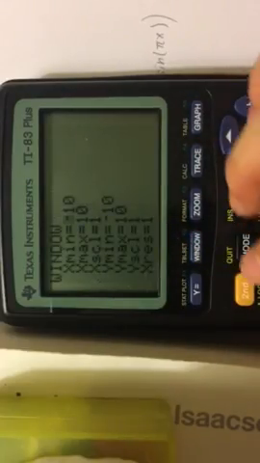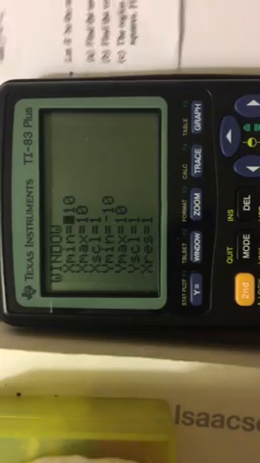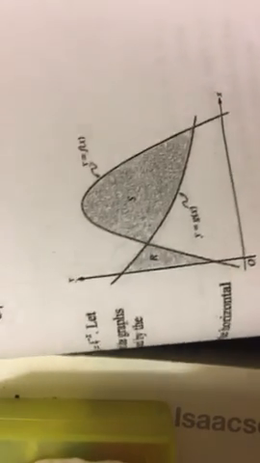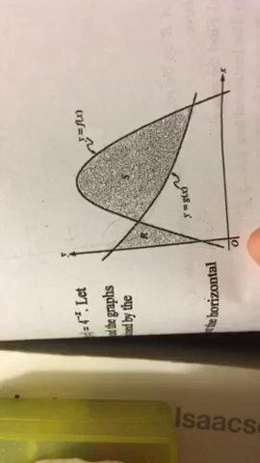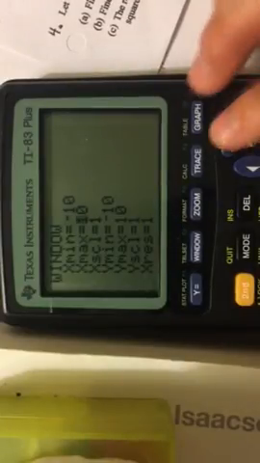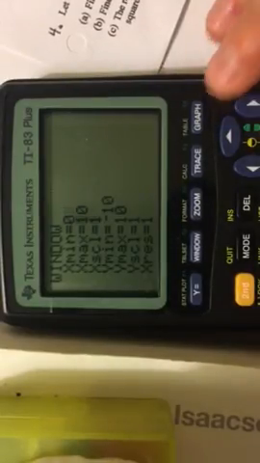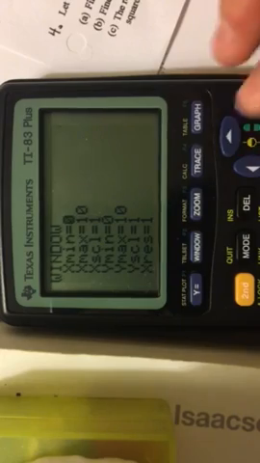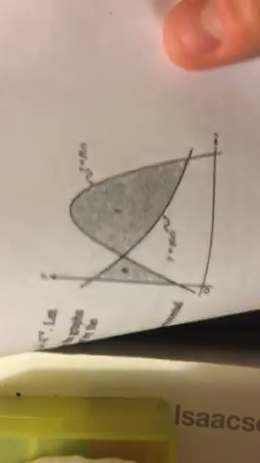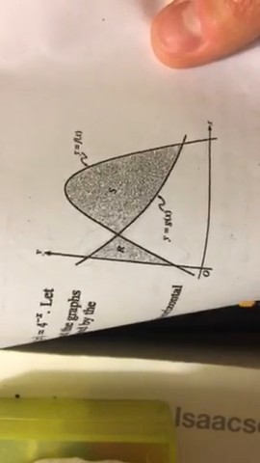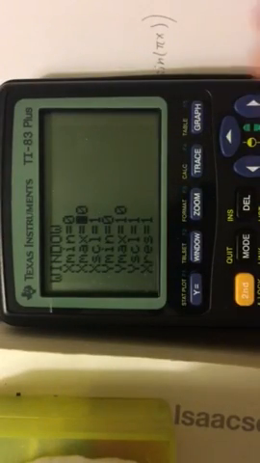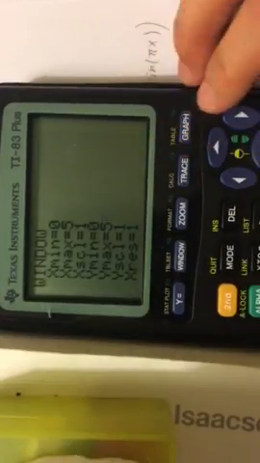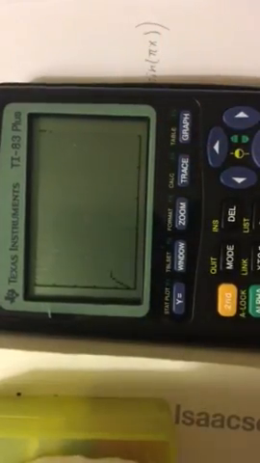You go to the window, and then you see over here, the minimum of x is 0, and minimum of y is also 0. So you do x min 0, y min 0, and then x max, you cannot really tell here. Maybe you just put like 5, y max 5, something like that. And then you graph it again.